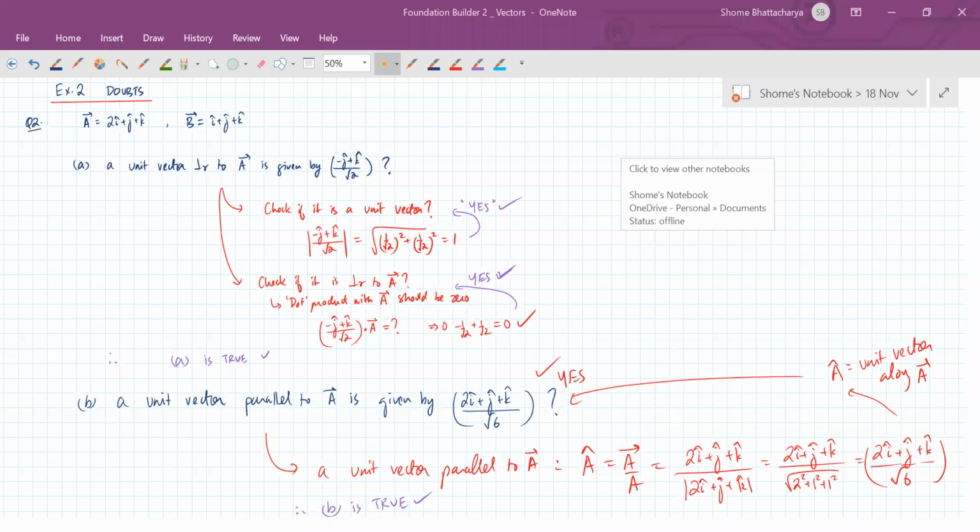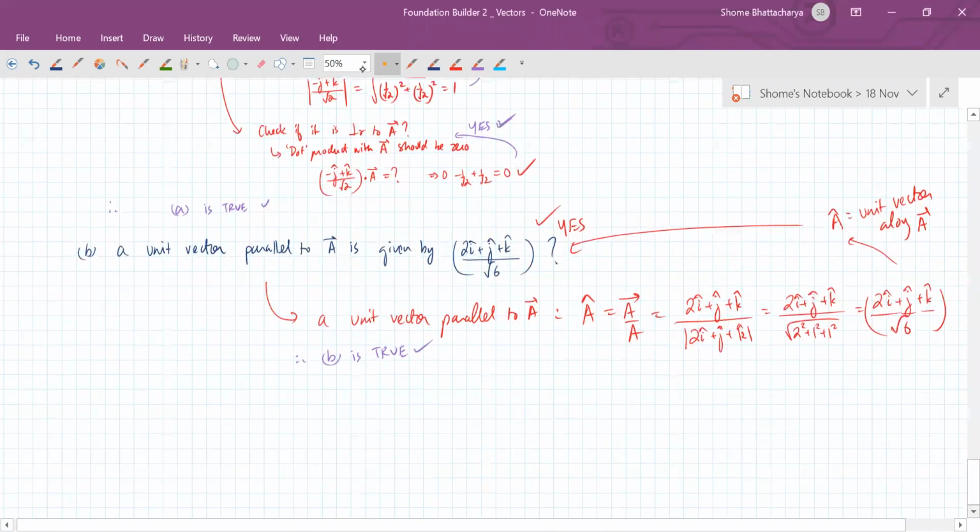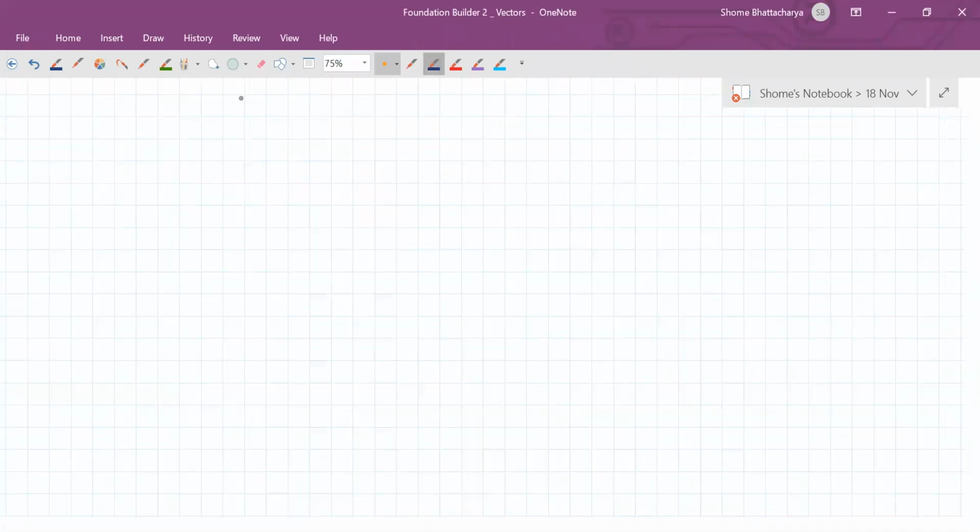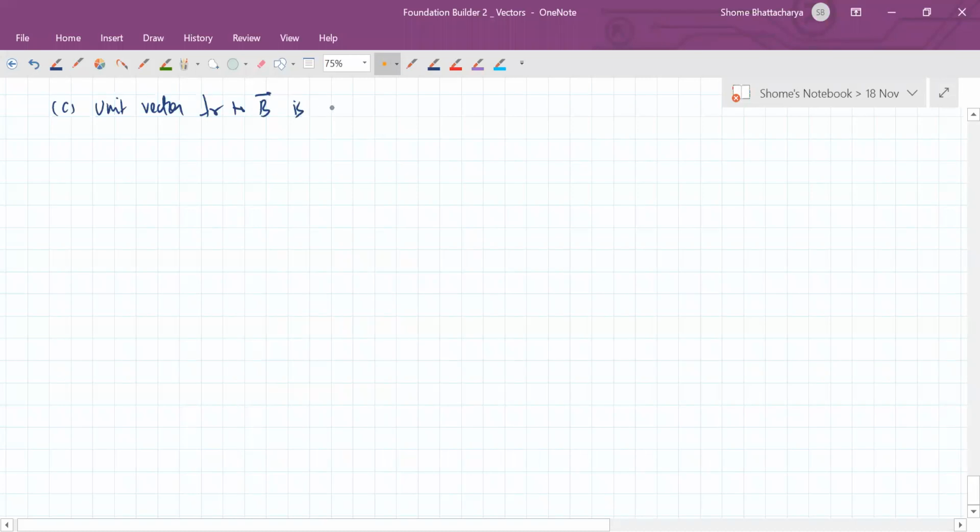Okay, so hope you got parts C and D also from this. So similarly, in part C, you can see that it's given to you that the unit vector perpendicular to B is given by, again the same thing, minus j cap plus k cap by root 2.